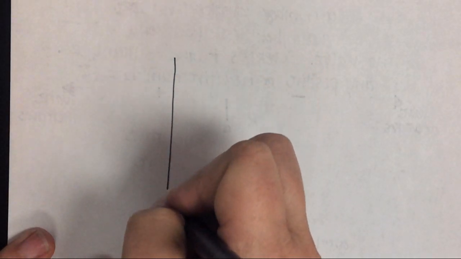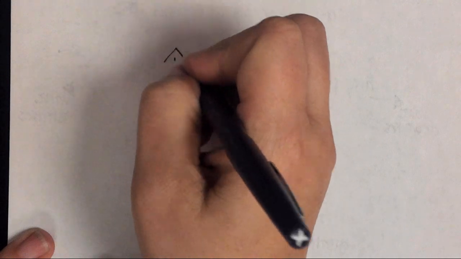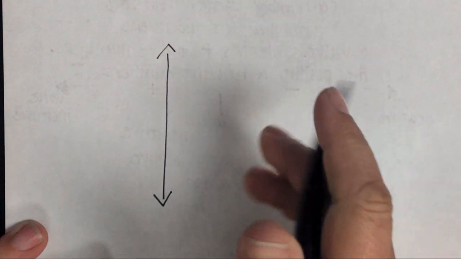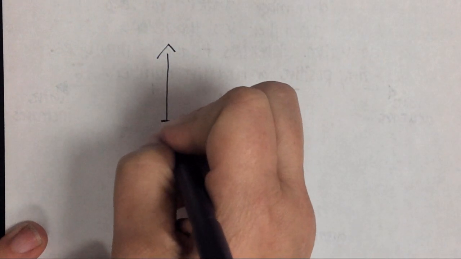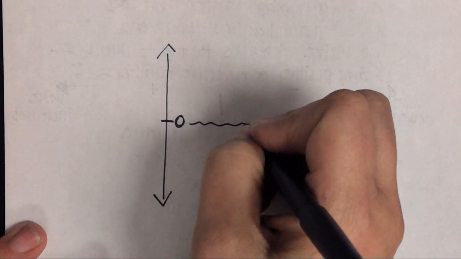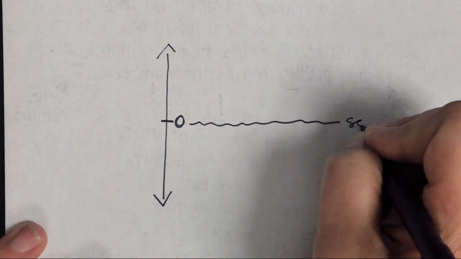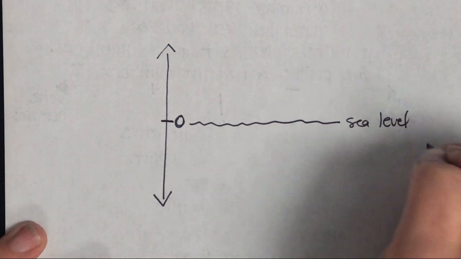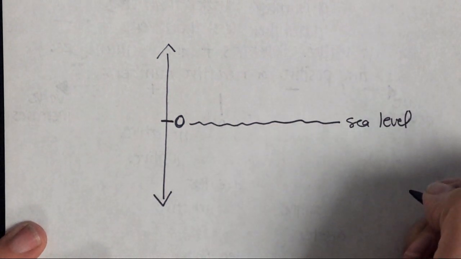Anything below 0 is negative, and anything above 0 is positive, okay? Another one that to me is a great example, if we were to turn our number line sideways, and you don't have to do this, I just want to show you, okay? If we were to turn our number line sideways, and this is 0, 0 is going to represent what we call sea level. Okay? So 0 is sea level.